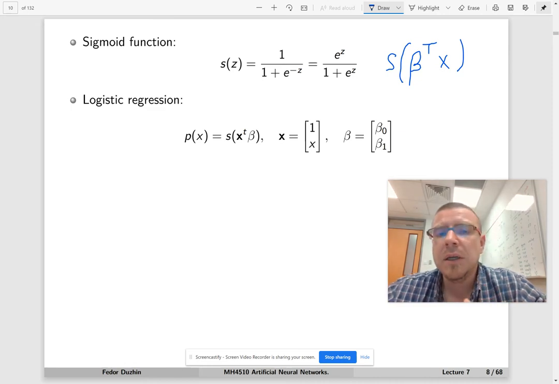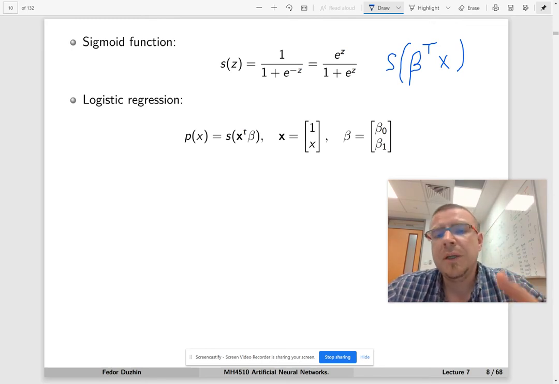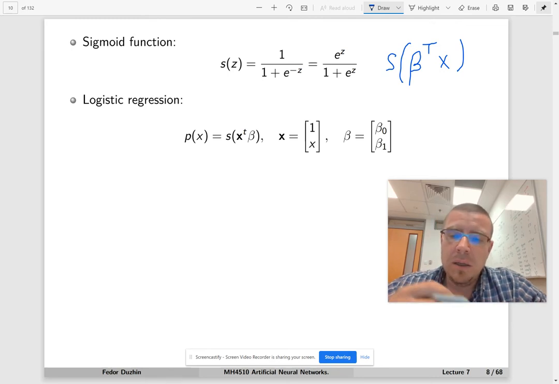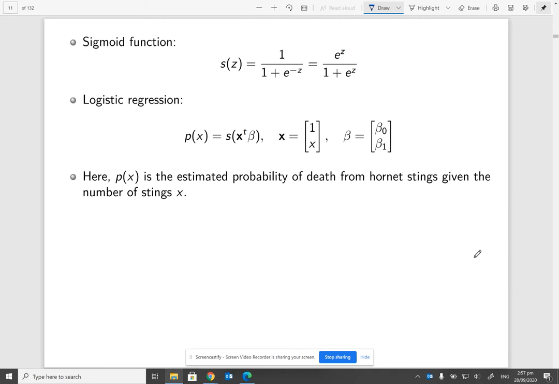So in either case, we take the product of the two matrices, or it is the same as the dot product of the two vectors. The result is a scalar, and then we apply our sigmoid function to this scalar. Right. So the output of this, the final number, is the estimated probability of death given the input, given the observed number of stings.